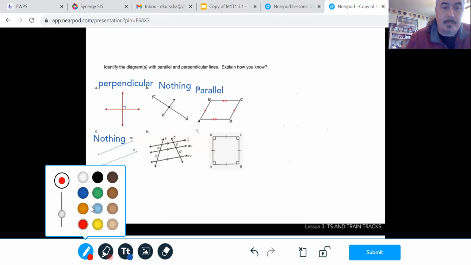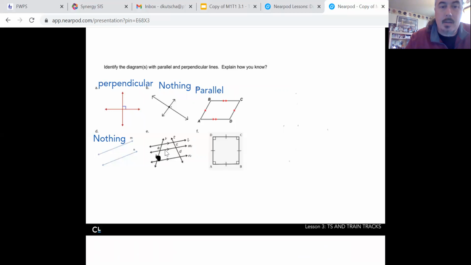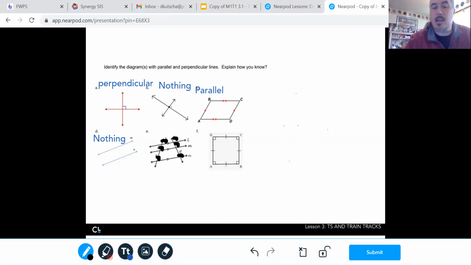If there was some kind of 90-degree angle here in the corner, well, let me draw it out. If I saw 90-degree angles here, here, here, and here, and also up top here, then I would say yes, we have perpendicular lines. But we don't. So I cannot say that there are perpendicular lines in this diagram.